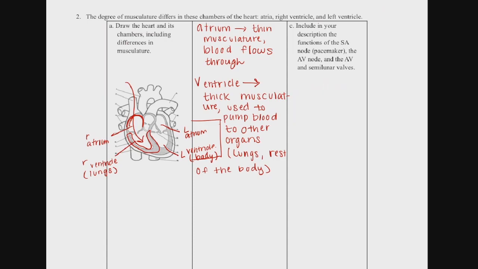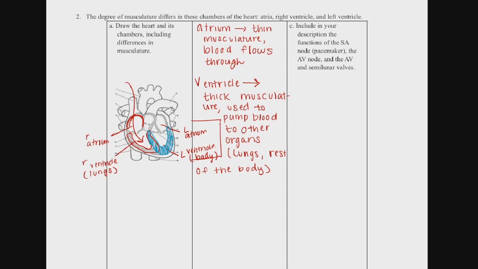Within the ventricles being thicker than atrium themselves, they can also be different between the two. So as we discussed, the right ventricle goes to the lungs, but the left ventricle goes to the rest of the body. So we can see here, and I'm going to use a different color, how much thicker the muscle of the left ventricle is over the right.